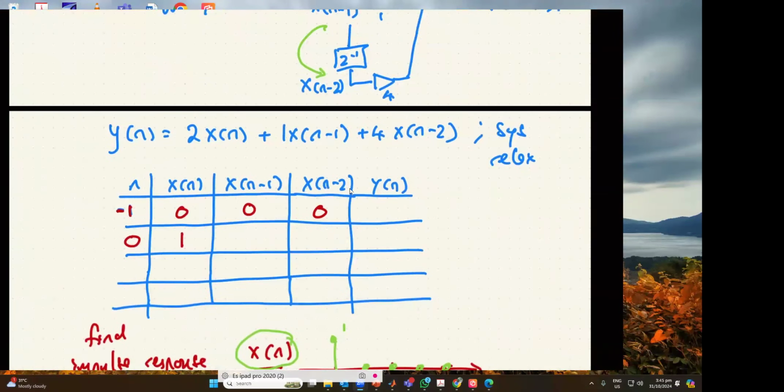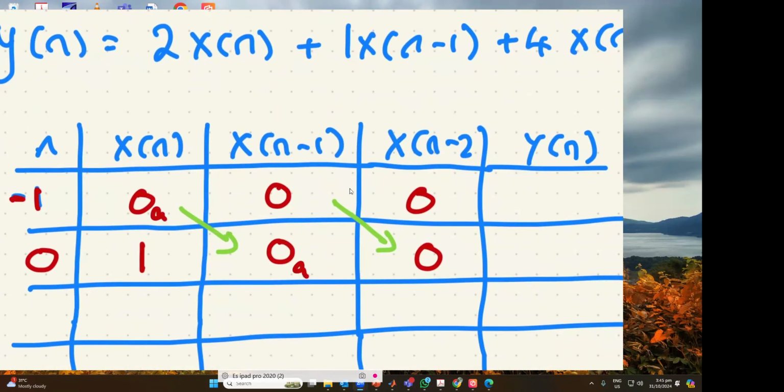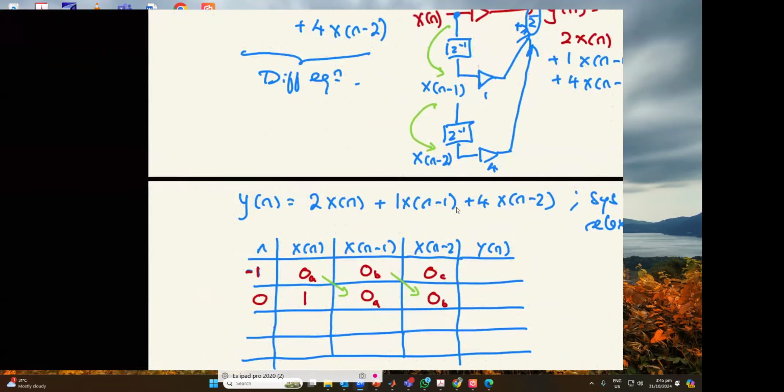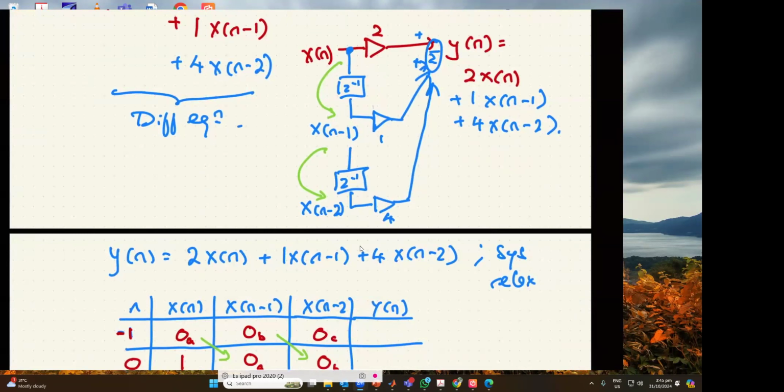So if I call this A, this B, this C, do you get it, guys? So far, everyone happy? 0A comes to here, 0B comes to here, 0C goes to nowhere. Why? Because you look at the figure again. This guy goes to nobody because nobody's interested in him anymore. He's just dropped.